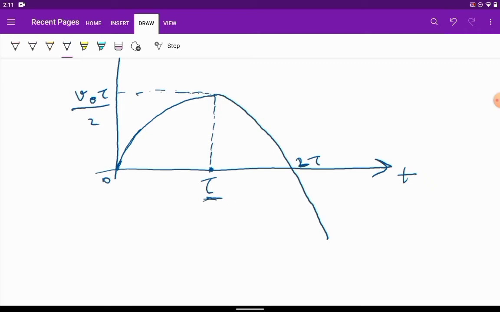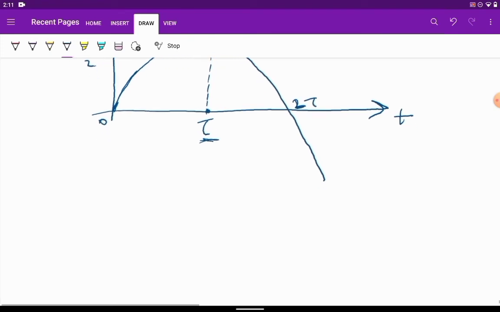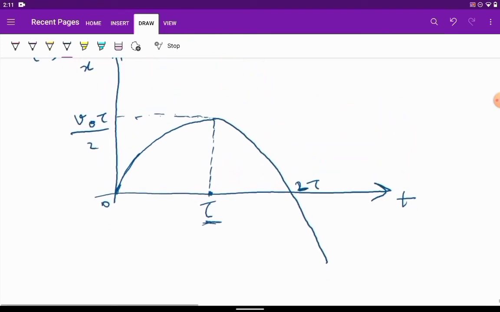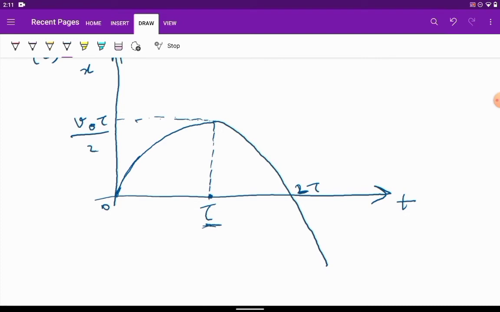Okay, so now let's not plot, let's directly write down. Till tau, the distance is equal to the displacement. After tau, what is happening?